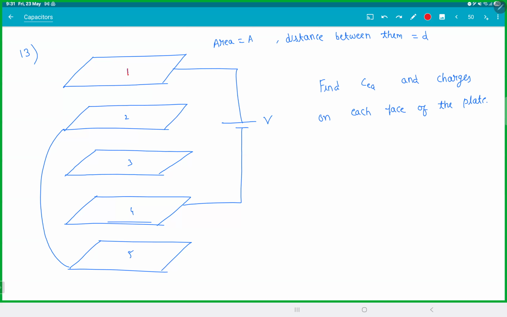C equivalent. Okay, let's get the charges part. That is what I'm more keen on. Think. I'll give another 2 minutes and I'll show you. How will you get the charges on each face?